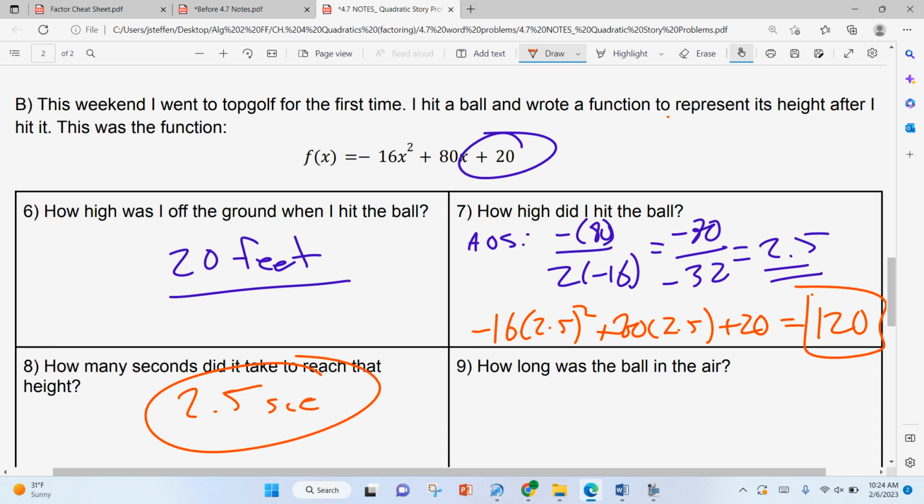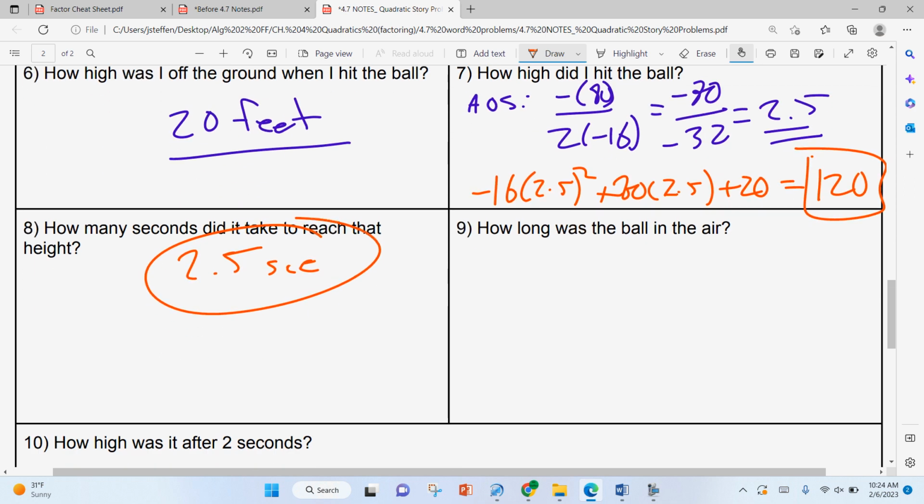Again, we move on to the next part. How long was the ball in the air? So how long was it total in the air before it hits the ground? That is your quadratic formula. Excuse me.